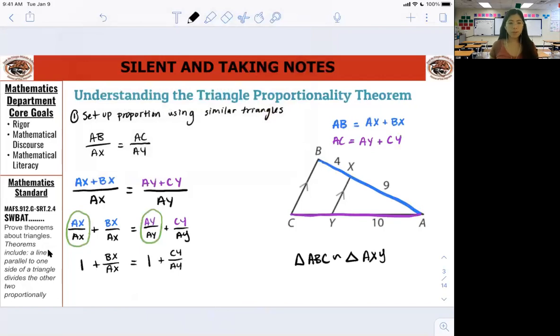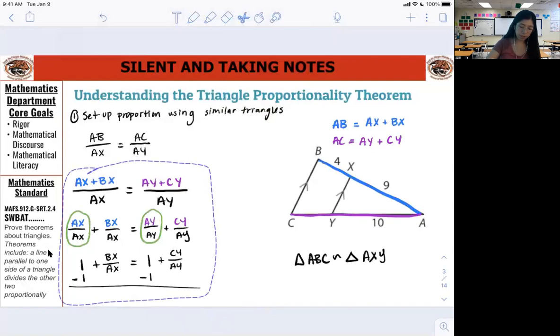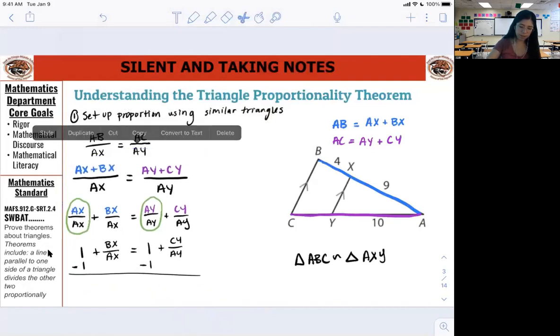Well, I have a 1 on both sides, right? And algebraically, I'm allowed to subtract that 1, but I just have to make sure I do it from both sides. Well, what happens when I subtract that 1? You're left with BX over AX and CY over AY, because the 1's basically cancel out.